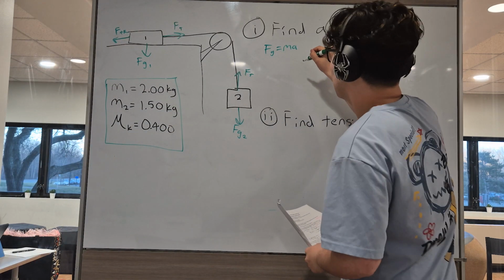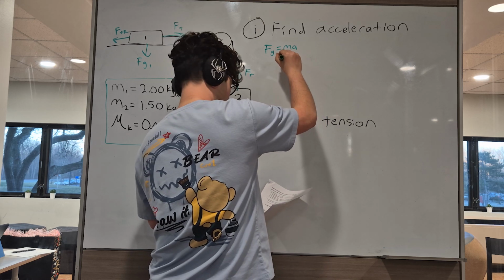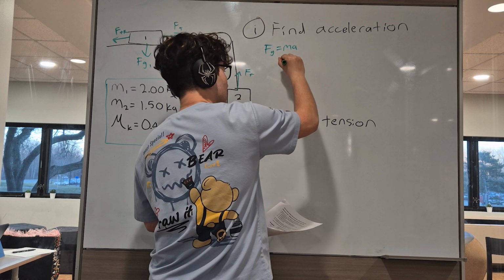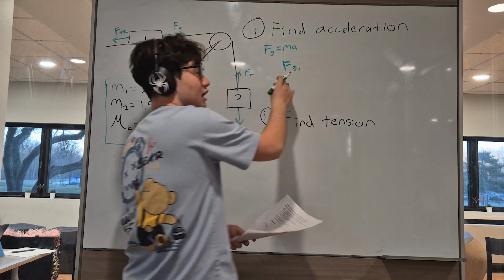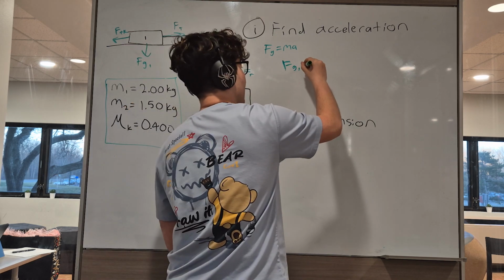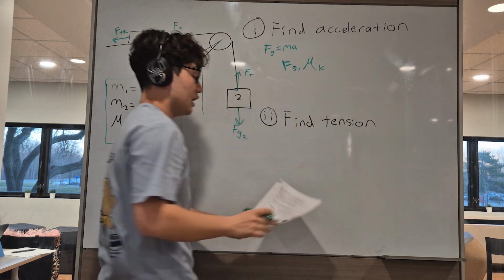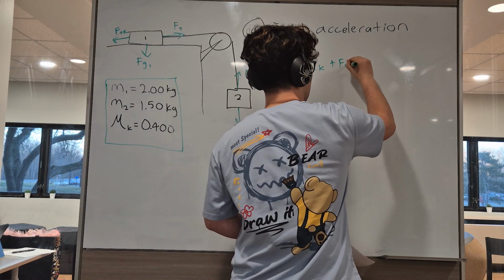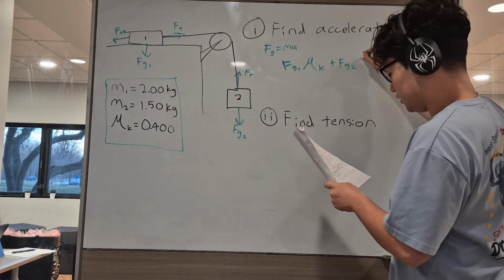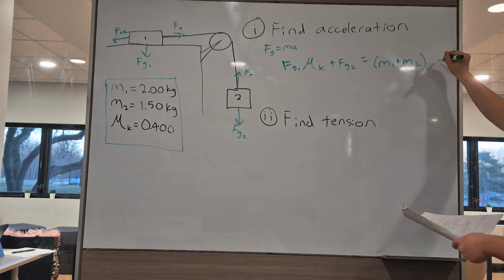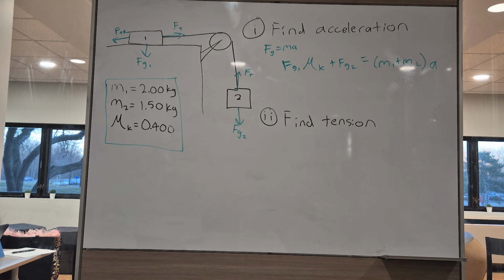So it will become Fg1, and you would multiply our Fg1, the force of gravity of the first block, by our coefficient, mu k. And then you would add our force of gravity 2, and then make that equal to m1 plus m2, times a.